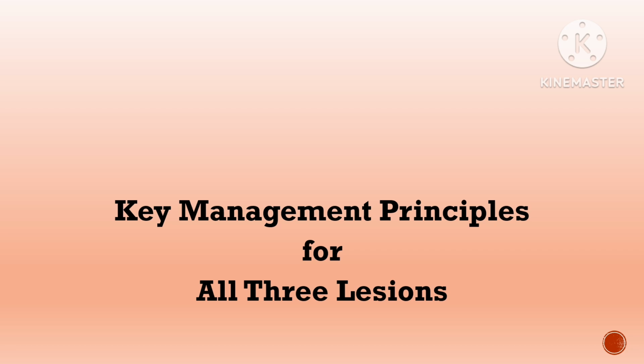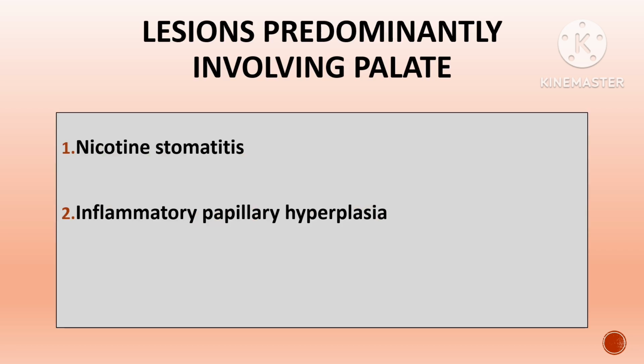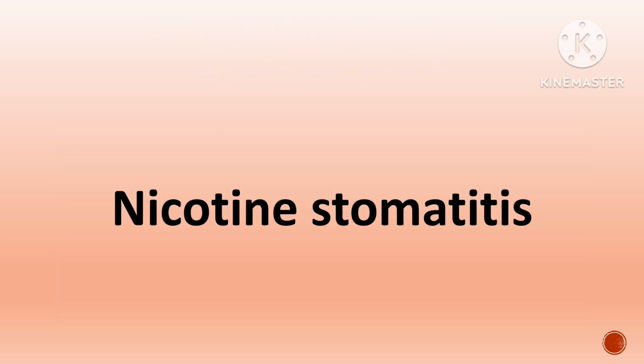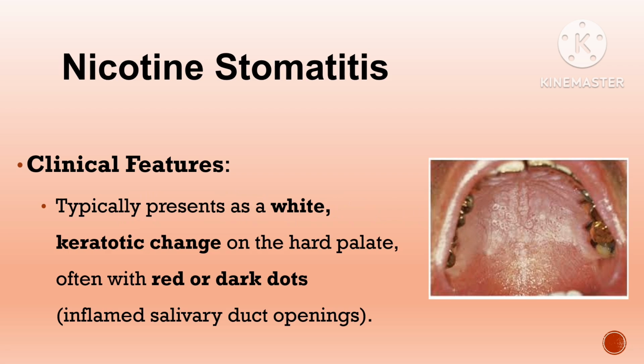The two reactive lesions which are found in the palate are nicotine stomatitis and inflammatory papillary hyperplasia. Nicotine stomatitis is primarily caused by exposure to the heat from smoking, which leads to ductal inflammation and changes in the minor salivary glands on the palate, and it is most common in pipe and cigar smokers.